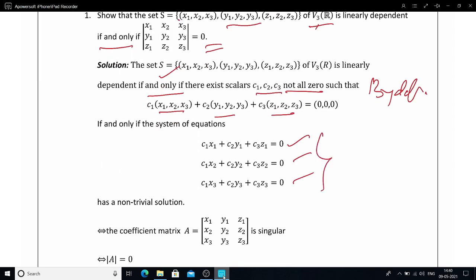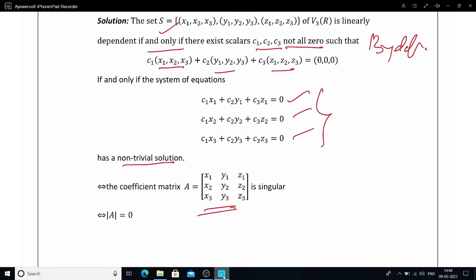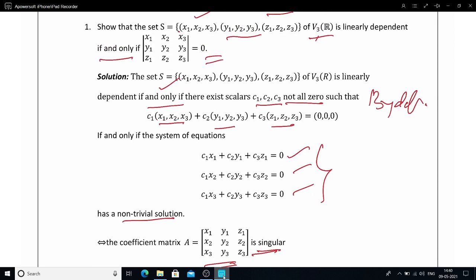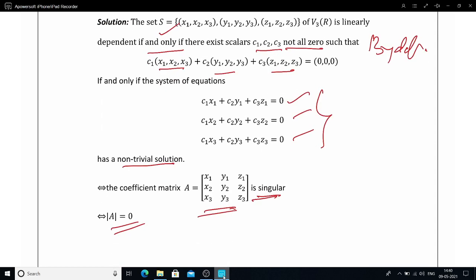These equations have a non-trivial solution only when the determinant of the coefficient matrix is equal to 0. The coefficient matrix is singular only when the determinant value takes 0. Remember, if the vectors are linearly dependent, then the coefficient matrix is singular, meaning the determinant value takes 0.